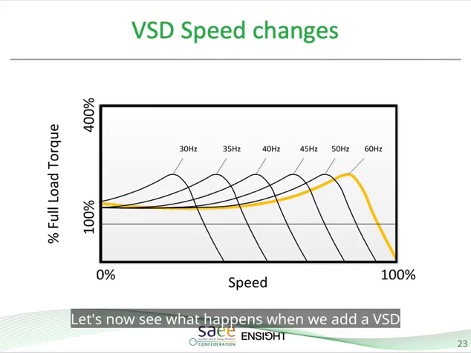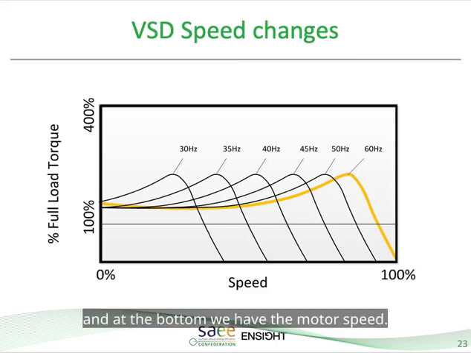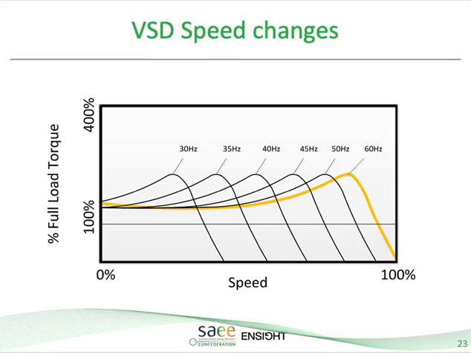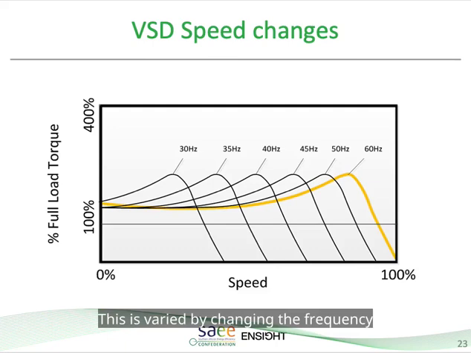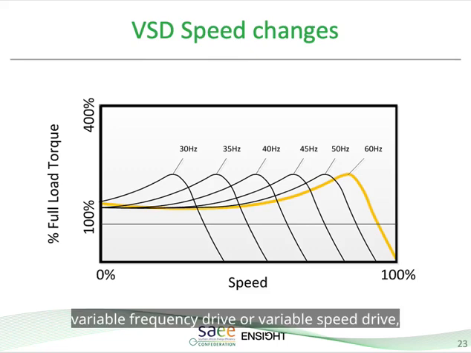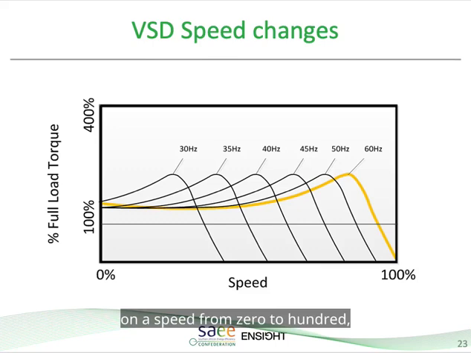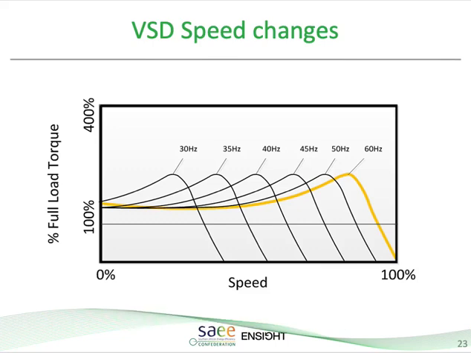Let's now see what happens when we add a VSD to a motor system. On the left we have the full load torque, and at the bottom we have the motor speed. This is varied by changing the frequency supplied to the motor via a VSD or VFD, variable frequency drive, or variable speed drive. On a speed scale from 0 to 100, 100 is running at 60 Hz, and 0 is likely at 0 Hz.